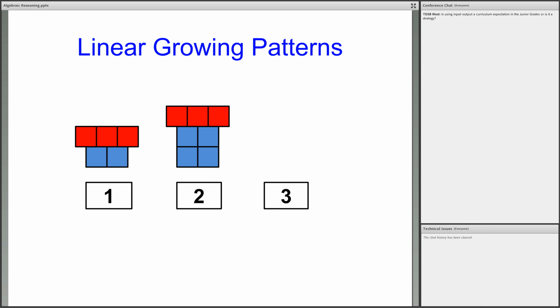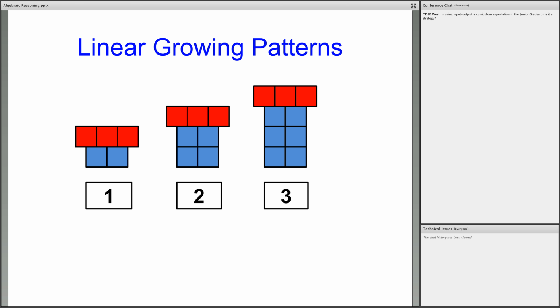And position 3, I have 3 groups of 2 or 6 tiles and 3 red tiles. And so again, asking students to predict what would the 4th position have. 4 groups of 2 blue tiles and then 3 red tiles. And then thinking again about the 10th position and then the 100th position.